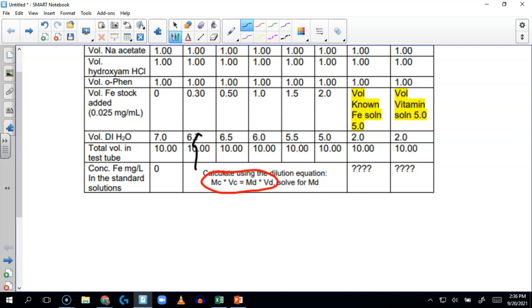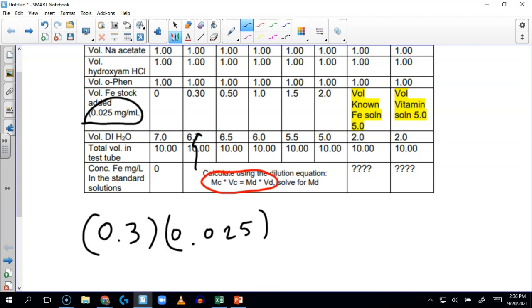We used 0.3 milliliters of a solution that was 0.025 milligrams per milliliter. And that's going to equal 10 milliliters. That's what we diluted it to. And that's going to give us our new concentration here.